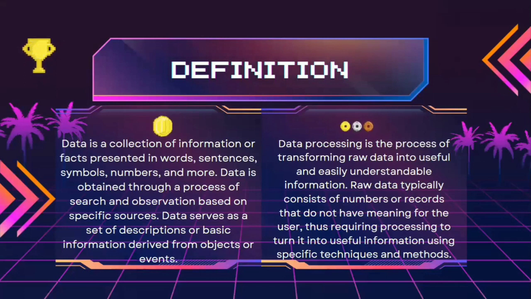And then data processing is the process of transforming raw data into useful and easily understandable information. Raw data typically consists of numbers or records that don't have meaning for the user, thus requiring processing to turn it into useful information using specific techniques and methods.